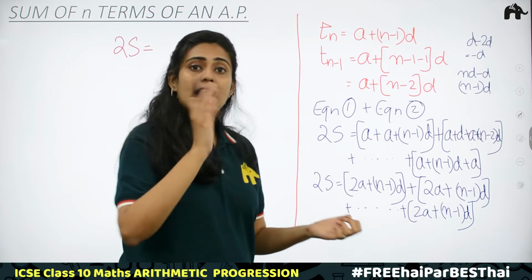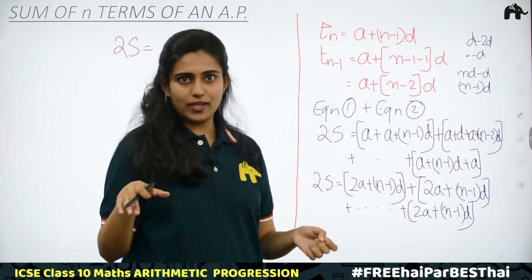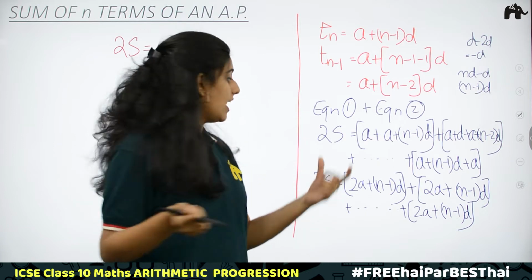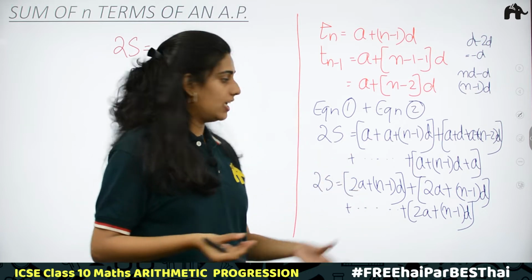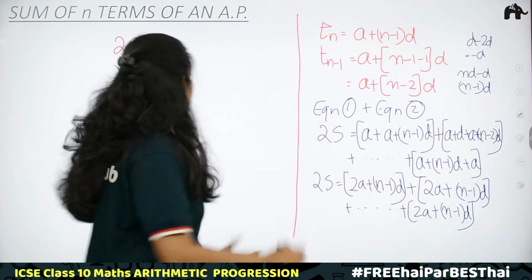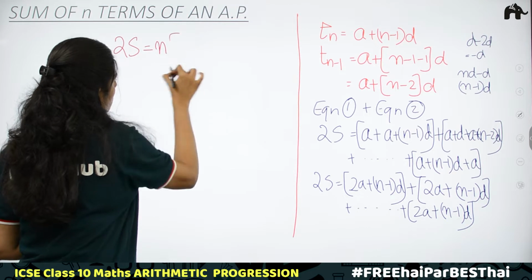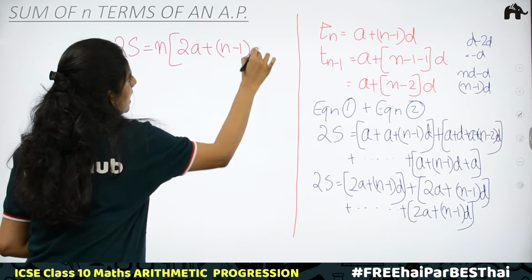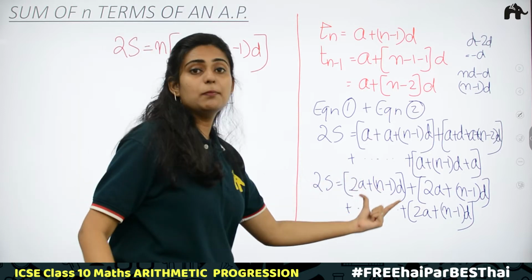Which means, we know a plus a can be written as 2a, a plus a plus a is 3 into a, n times a will be n into a. Here we have n times 2a plus (n minus 1) into d. This is equal to n into (2a plus (n minus 1) into d), because this term is repeating n times.